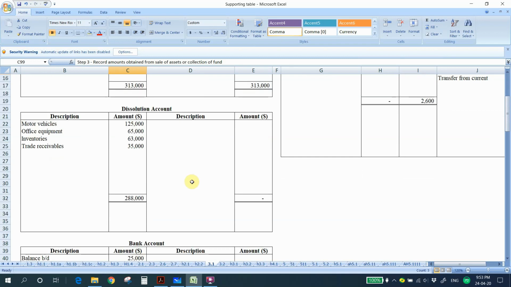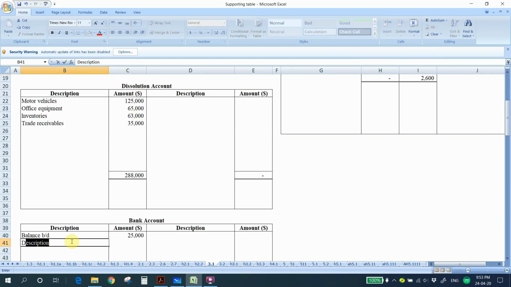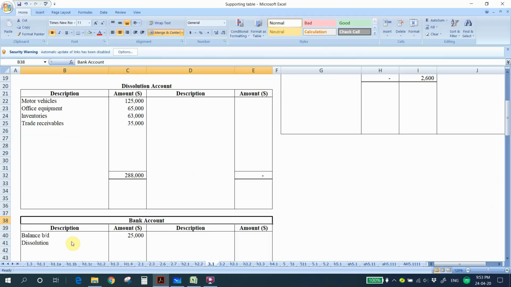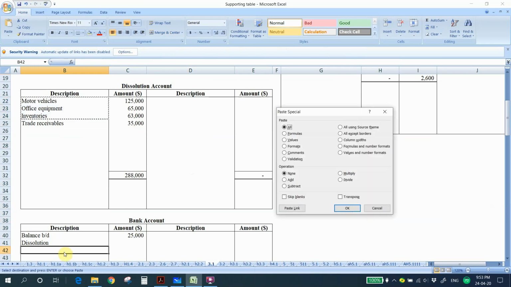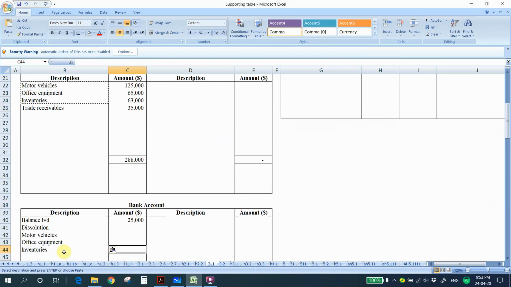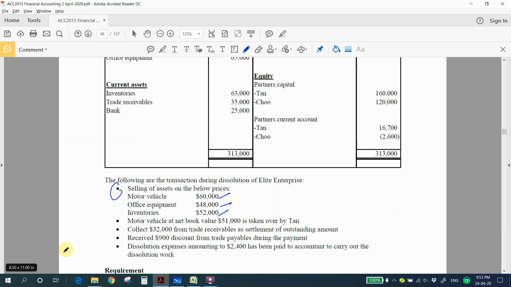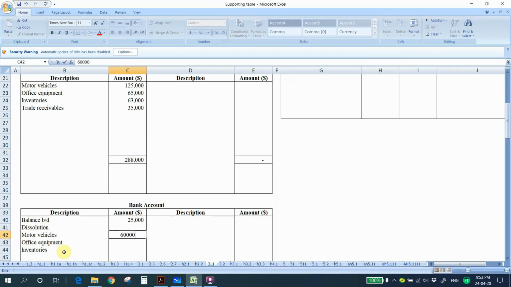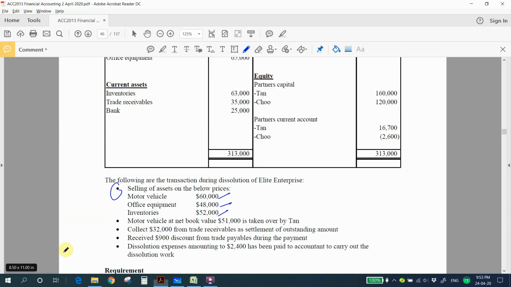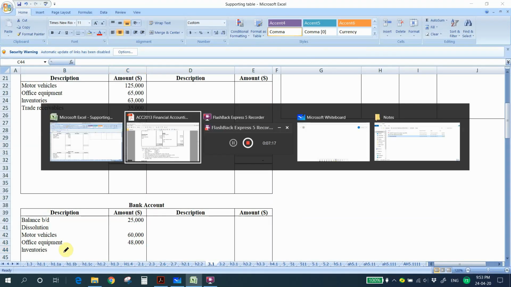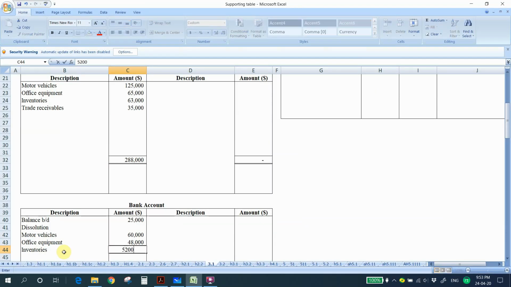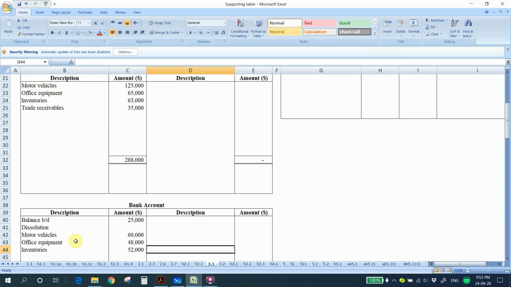When we sell the assets, we will debit the bank account. So we receive these 3 items. For motor vehicles, we receive 60,000, 48,000 for office equipment, and 52,000 for the inventory.